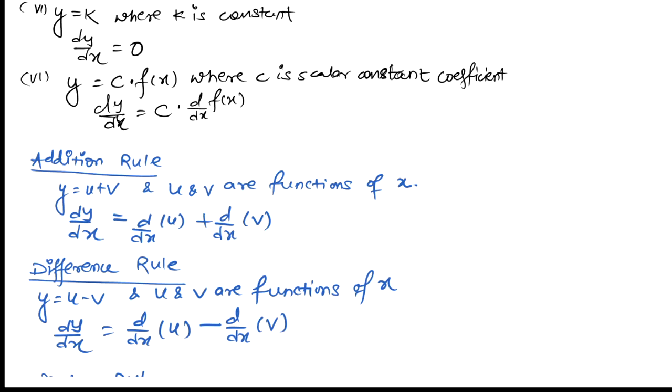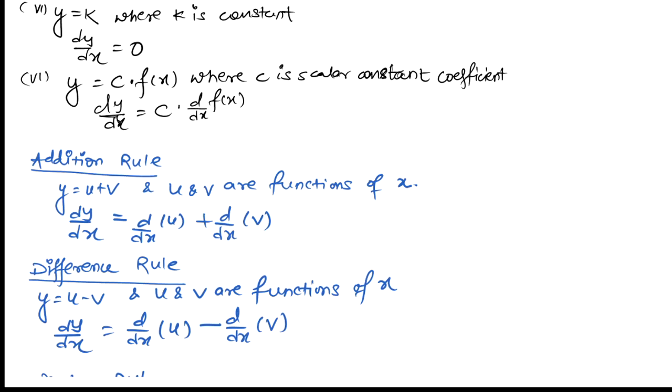Now moving on to the addition rule. If y is equal to u plus v, and u and v are functions of x, I just need to find the derivative of the individual quantities and put the plus sign in between. If I have u plus v plus w, it becomes dy/dx of u plus dy/dx of v plus dy/dx of w and so on.